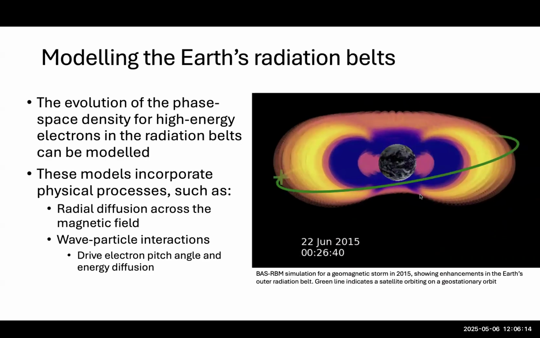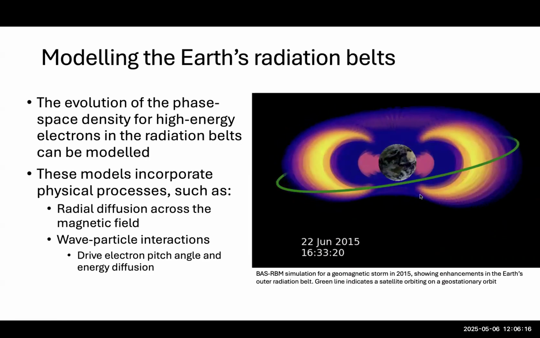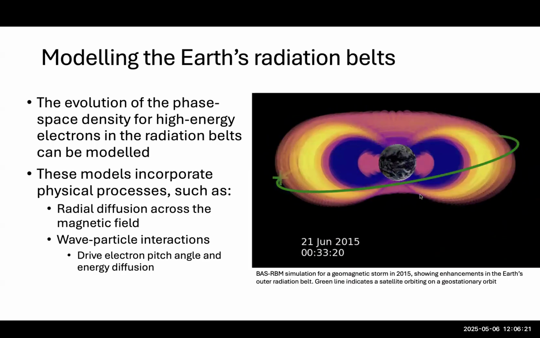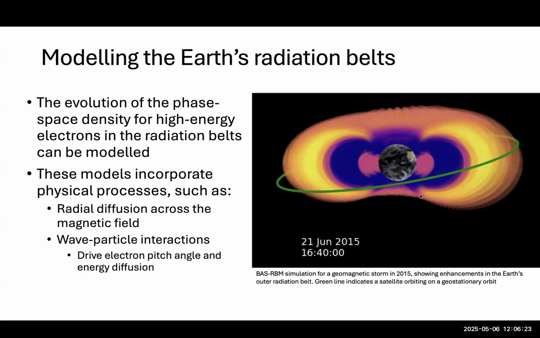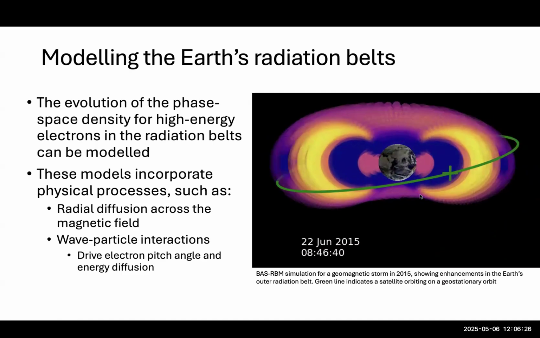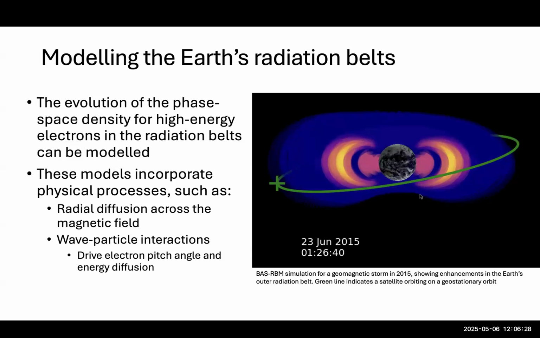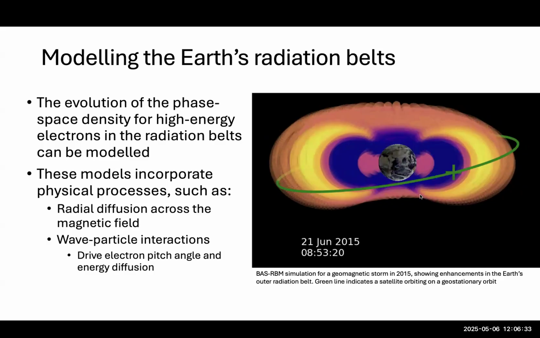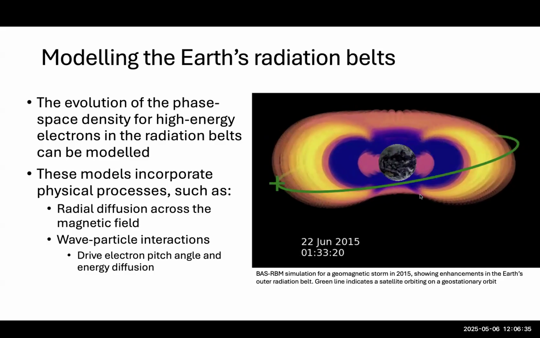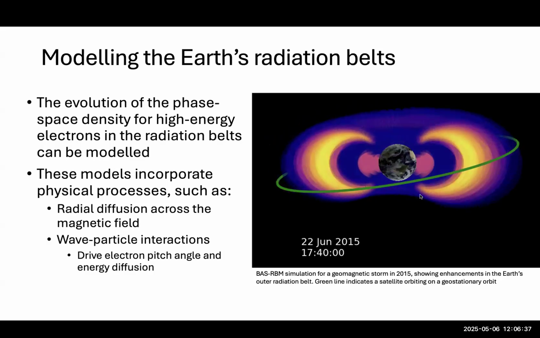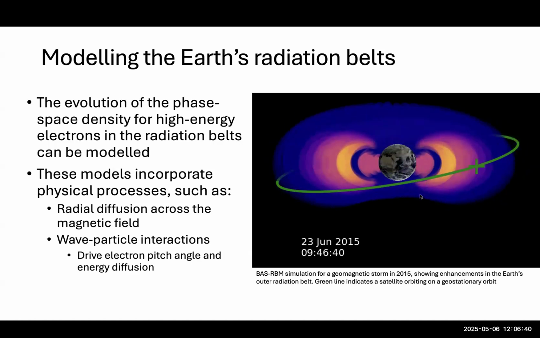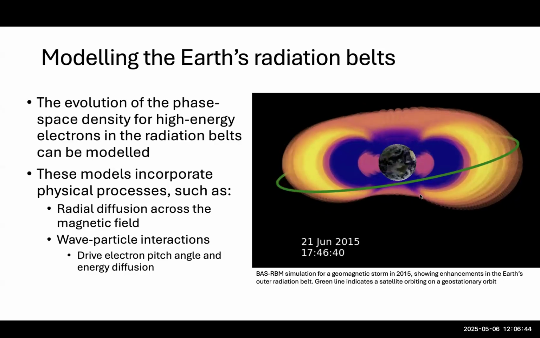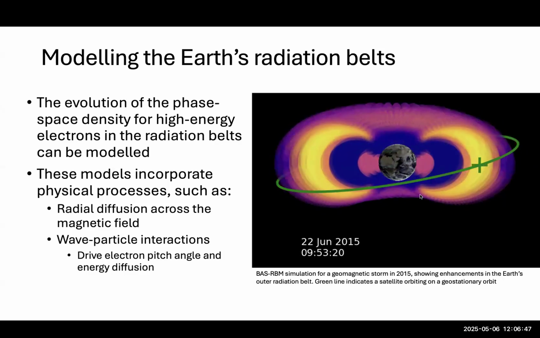To model the Earth's radiation belt, we look at how the phase-space density of electrons changes in the radiation belts. We do this through a Fokker-Planck diffusion equation, which models some physical processes such as radial diffusion across the magnetic field and wave-particle interactions.